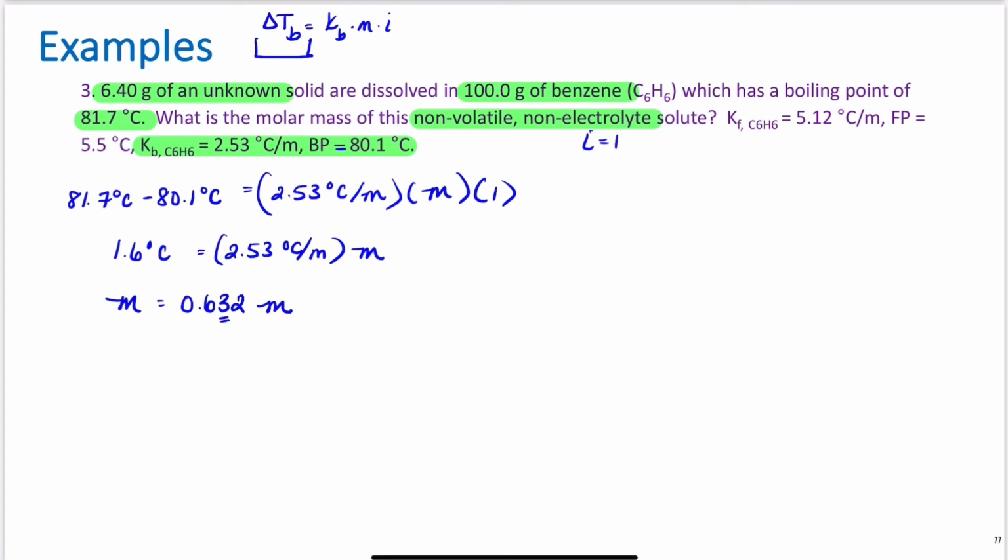Now I know the molality of my solution. This is also equal to moles of solute to kilogram solvent. I'm told I have 100 grams of benzene, so the same as 0.1000 kilograms of benzene. I can use that information to find the number of moles of my unknown solute.